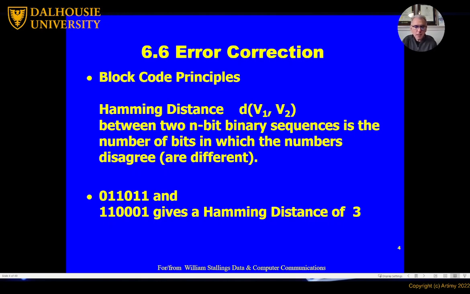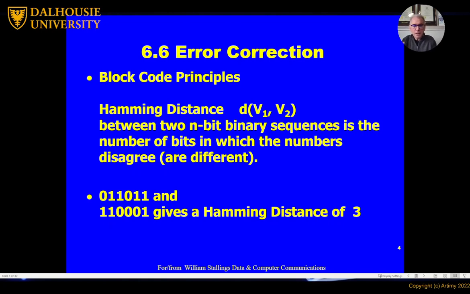So let's take any two bit sequences. We have here 6 bits, so with 6 bits we have 2 to the power of 6, so 64 different words that can be represented, right, from 000000 until 111111.